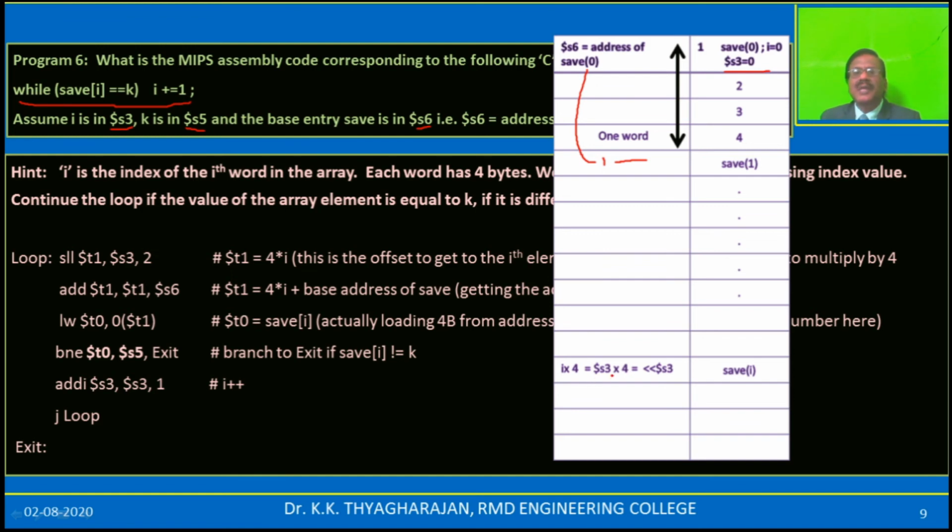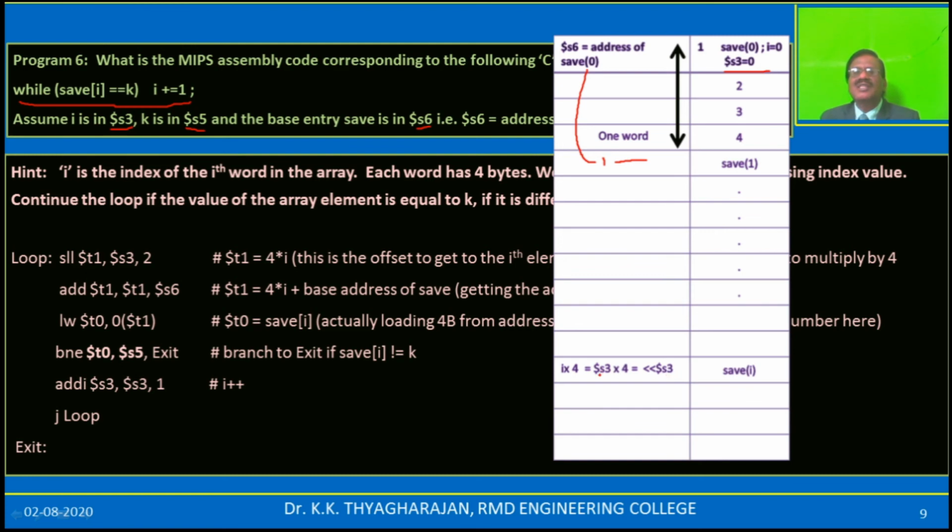Actually, multiplying by 4 is equal to shifting left by 2 bits. So if you shift S3 by 2 bits left, then it is equal to multiplying S3 by 4.